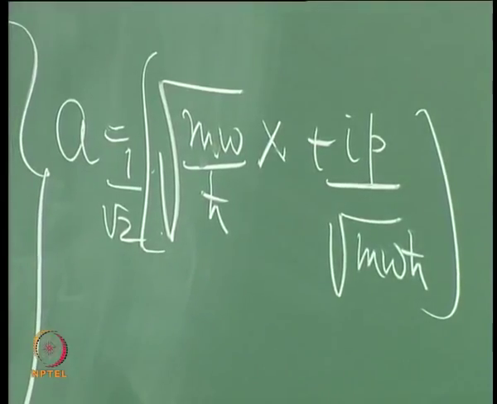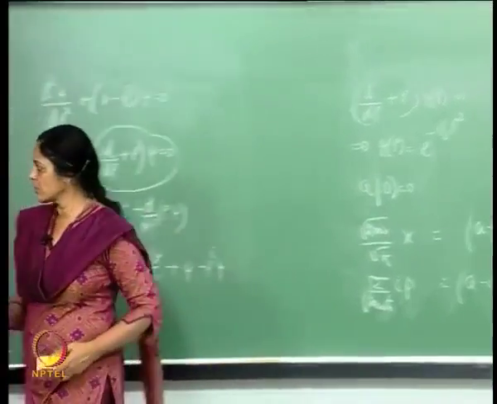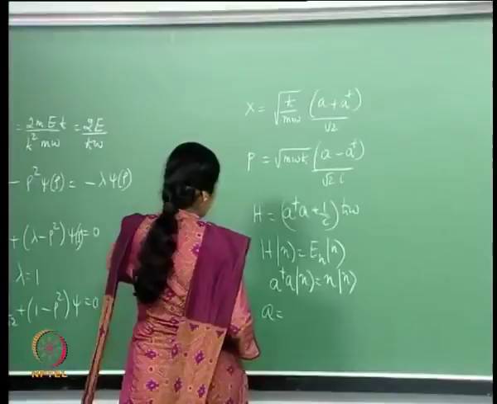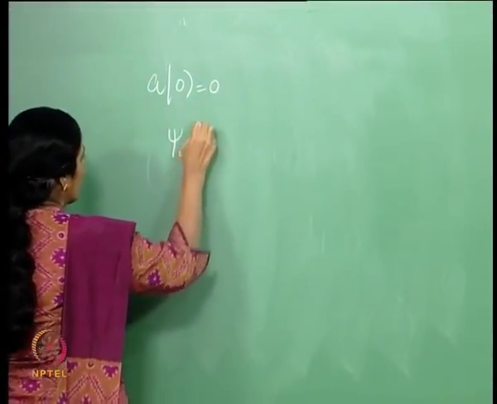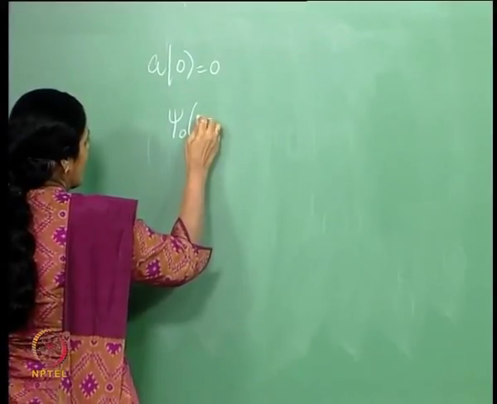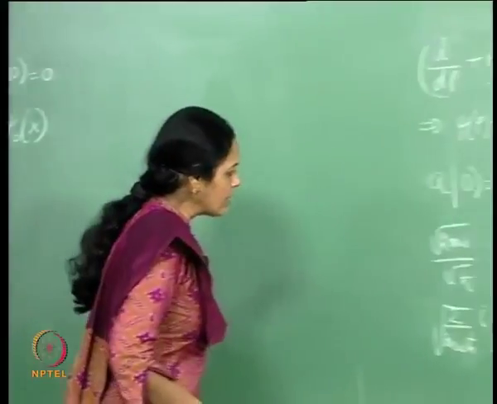So, now in the position representation, how does this equation look? A on ket 0 is equal to 0 looks like this. In the position representation, let me write this as psi 0 of x and A itself can be written in terms of x.